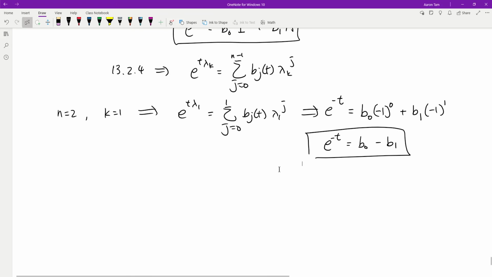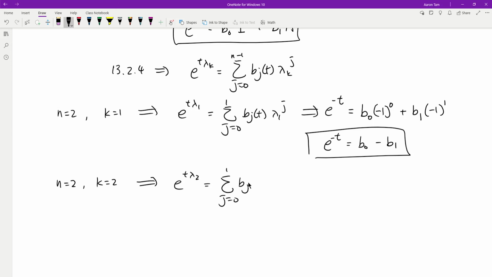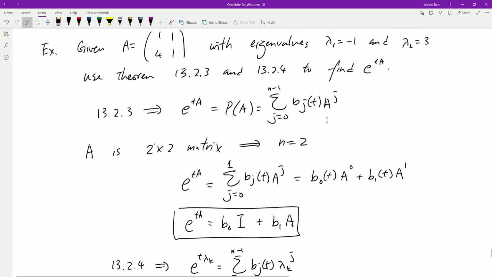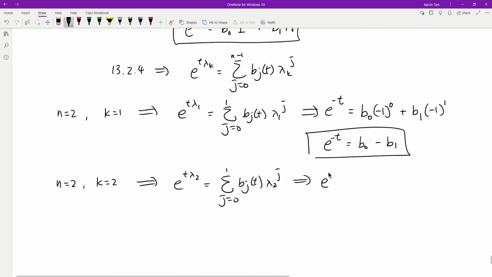Now we're going to use k equal to 2, with n equal to 2. So what I have is e to the t lambda 2 equal to the summation from j equals 0 to 1 of b sub j of t times lambda 2 to the j. Once again, lambda 2 is 3, so we get e to the 3t equal to b sub 0 times 3 to the 0 plus b sub 1 times 3 to the first.